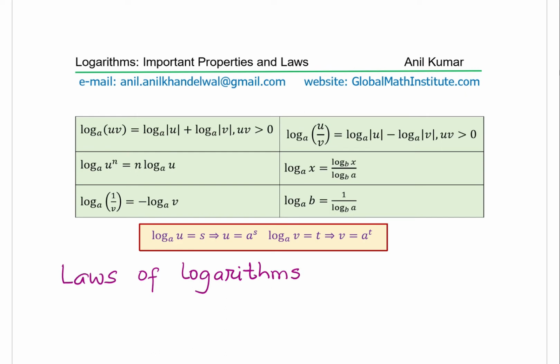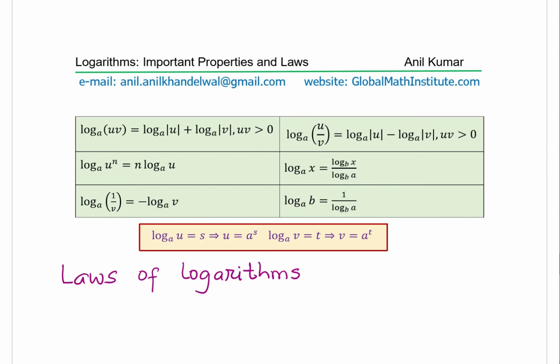The very first one given here is log of uv, that is the product of 2, is log u plus log v, where the product uv is greater than 0. Then we have the quotient rule, which is log of u over v is log to the base a of u minus log to the base a of v, where the product of u and v is greater than 0.